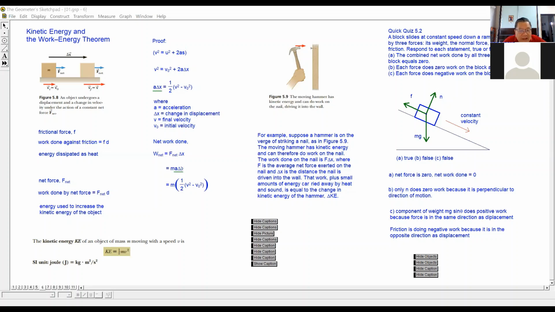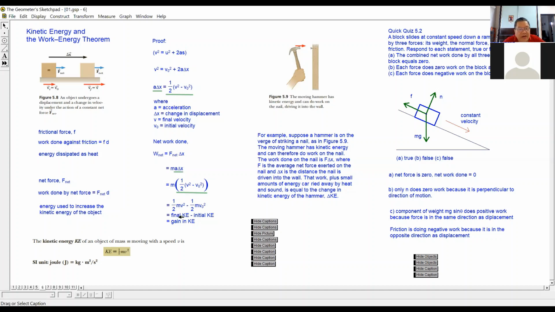So instead of writing a delta x, I'm going to replace the a delta x with half of v squared minus v naught squared. And you expand the formula. It becomes half mv squared minus half mv naught squared.